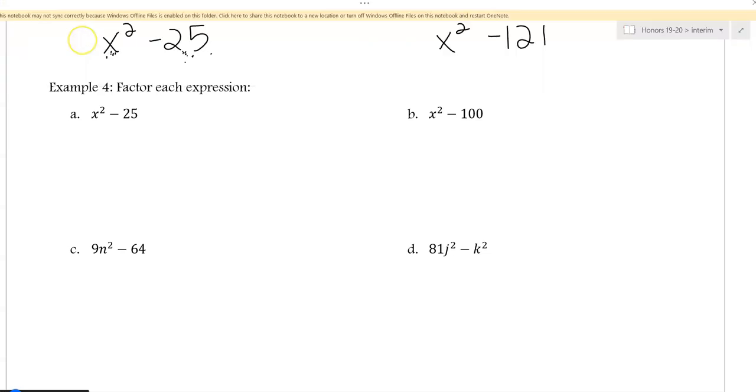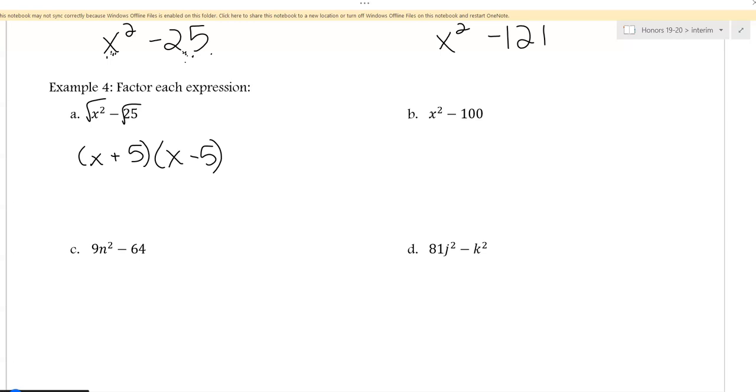Now here, same thing, but we have that number out in front. Well, 9n squared, think of doing it twice. The square root of 9 is 3. The square root of n squared is n. Plus 8, 3n minus 8. Same idea here.